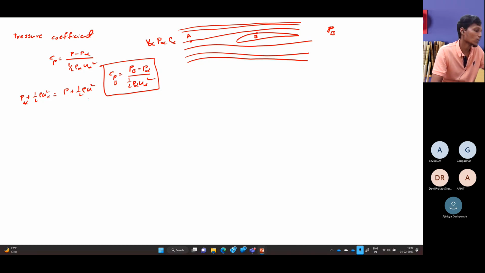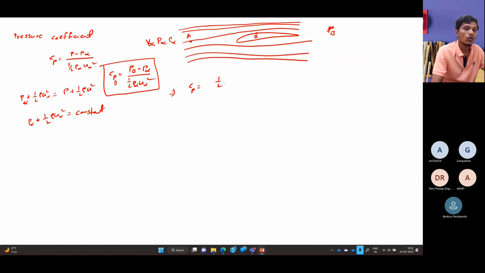Just substitute: if you write it between two points, you can also write it as a constant. Use this constant on the right side and substitute half rho U infinity square in this, and because of the minus, this constant will go away.